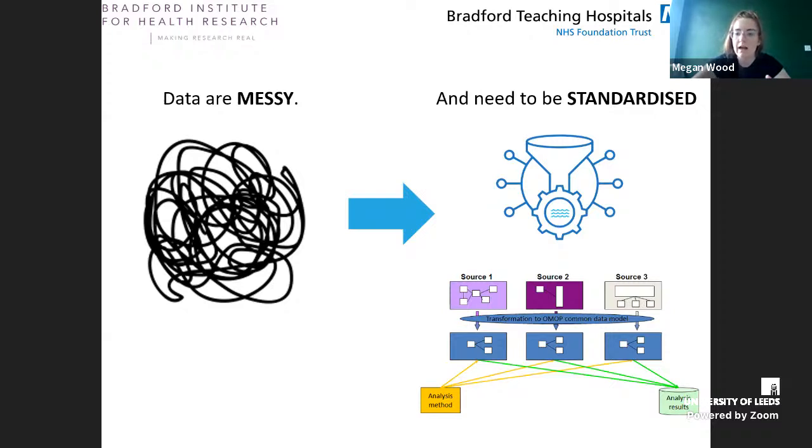So this meant that there was minimal human input, so we didn't have to write lines and lines of code. And so the risk for human error reduced drastically. And it meant that across all the different data sets, they were standardised according to a single model.